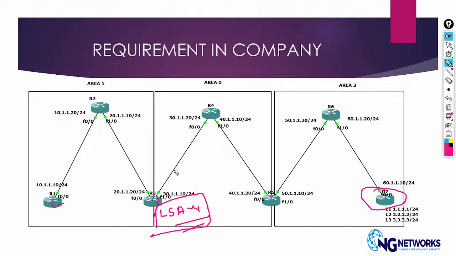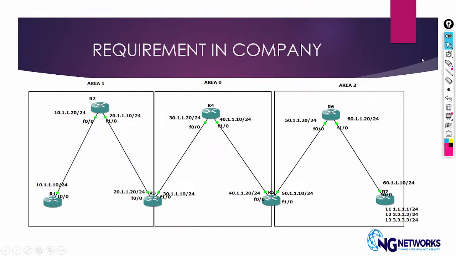R3 and R5 will generate it within their areas so that area 0 and area 1 can understand where the ASBR is. So if a route is exiting the autonomous system, R1, R2, R3, R4 and R5 can understand from which router it is exiting the autonomous system.